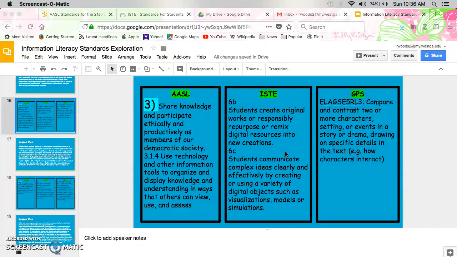And students will communicate complex ideas clearly and effectively by creating or using a variety of digital objects like visualizations and models. And I combine that with the Georgia Performance Reading Standard of comparing and contrasting two or more characters, settings or events by drawing on specific details in the text.